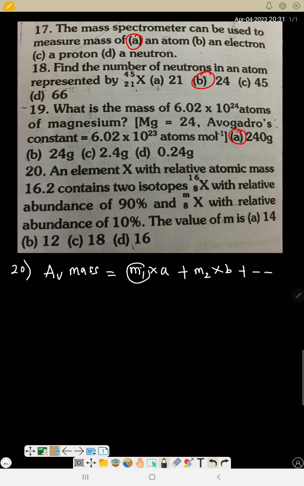Now what is M? M is the mass number of the isotope. What is A? A is the percentage of M1. M2 is the mass of isotope 2, while B is the percentage of the isotope. Now according to this question, the average is given, 16.2.